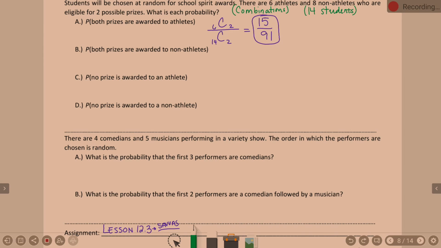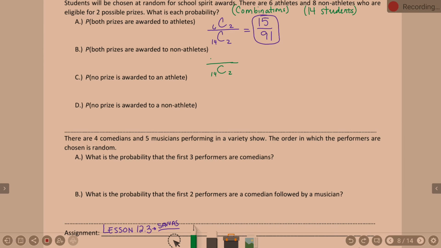Probability both prizes are awarded to non-athletes. Okay. So the denominator is still picking from all 14 students for 2 prizes. Prizes awarded to non-athletes. How many non-athletes do we have?